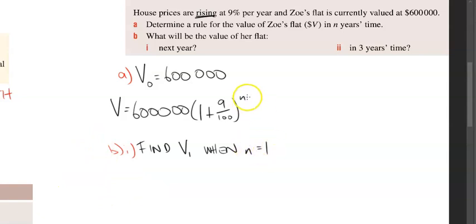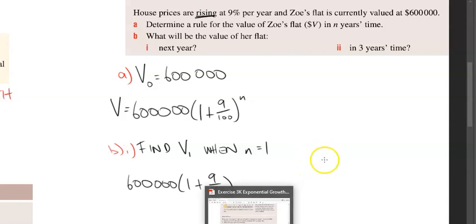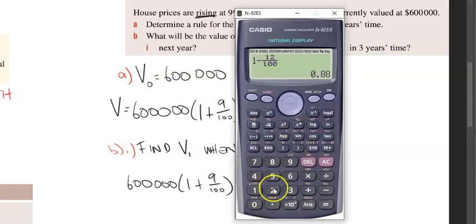So we just plug 1 into here, which is just technically anything to the power of 1, it just stays the same. So on your calculator, it's 600,000 multiplied by 1 plus 9 over 100. 600,000 times, open bracket, 1 plus 9 over 100, close bracket.